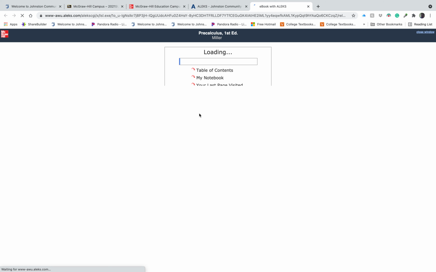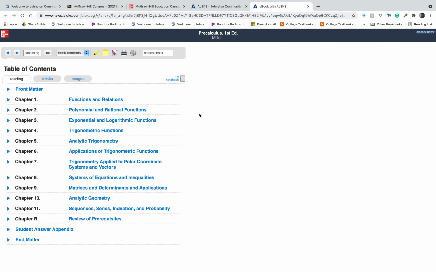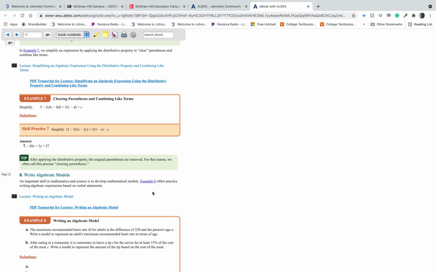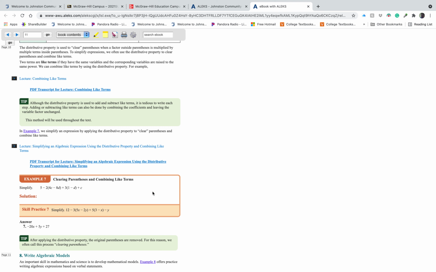And for what we have here, there's a slow internet connection, and it's just loading up the table of contents. If you're told to do an assignment or look at a topic, let's say that is on page 11, you can just type in 11 in the box and click on go, and it will take you to that particular page.